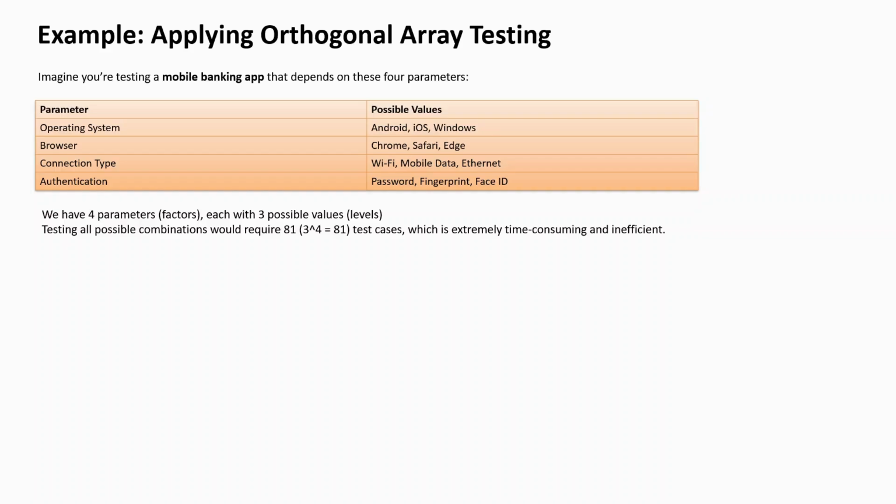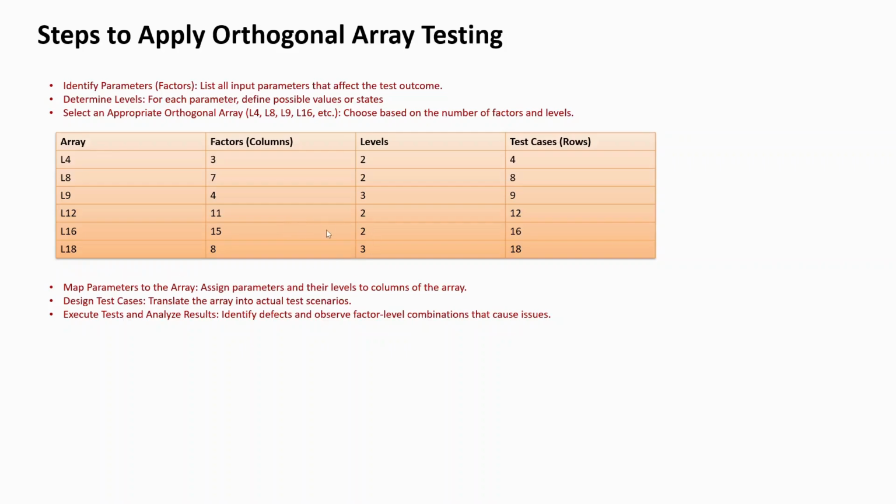By applying an orthogonal array technique, let us see how many test cases we need to cover all the combinations. This page provides a step-by-step guide on how to apply the orthogonal array technique to a real-world problem.